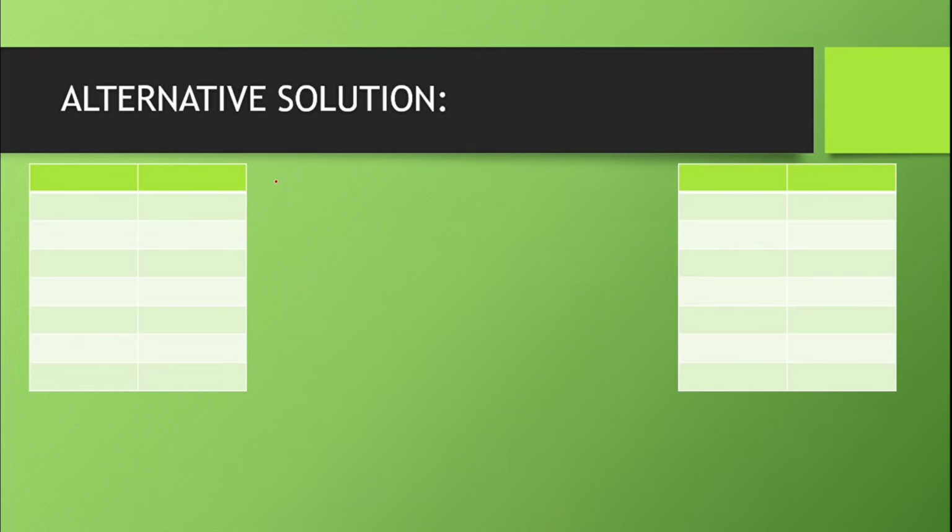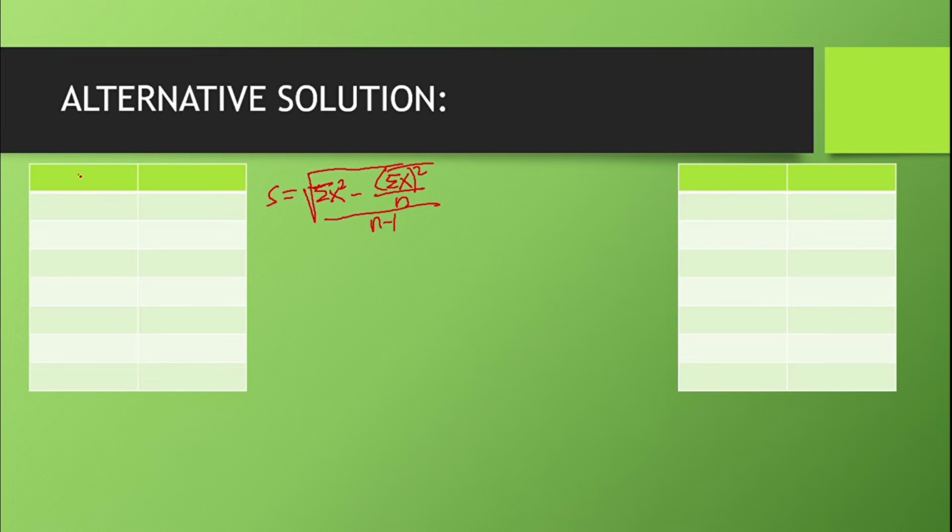S is equal to the square root of the summation of x squared minus the summation of x, then squared over n, all over n minus 1.